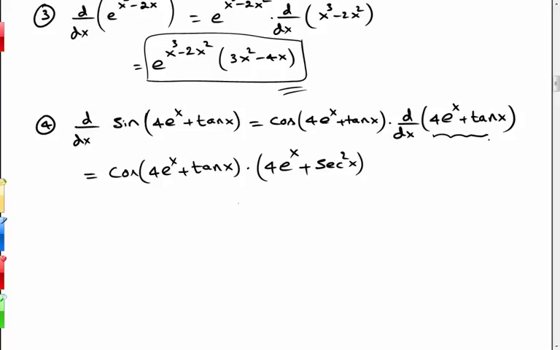So when I say the derivative of a sum equals the sum of the derivatives, what that means is if I am required to take the derivative of a sum like this, two or more things adding up like this, I could take the derivative of each one of them, derivative of 4 e to the x and derivative of tangent x separately, and add them up. So that's what derivative of a sum equals sum of the derivatives means. Okay, we're done.